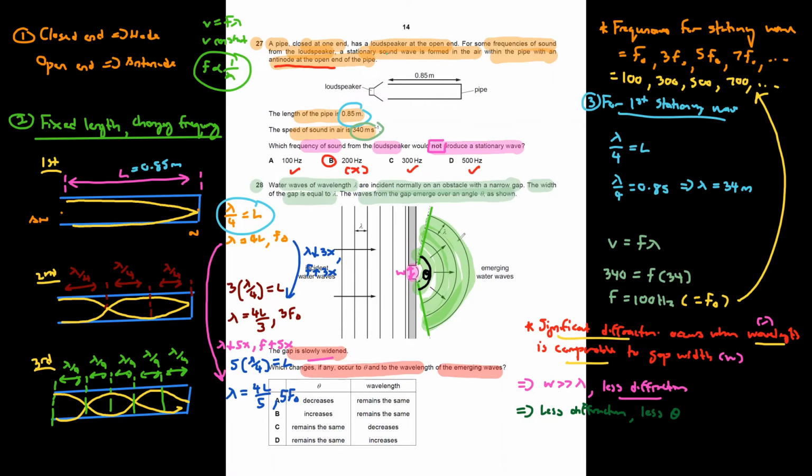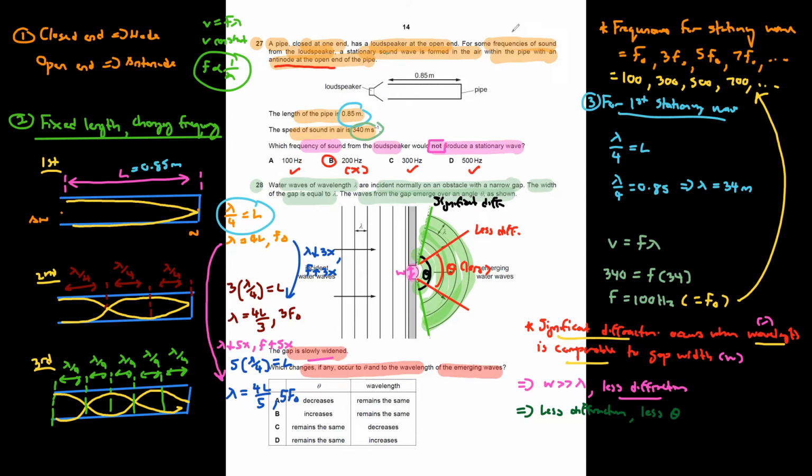Okay, so this one is if you have significant diffraction. But if you have less diffraction, you probably could look like this. Maybe something like this, as well as something like this. Okay, so this one could be, say, less diffraction. Now look at your angle. Your angle theta is less. Okay, that's why I can say the angle will decrease.